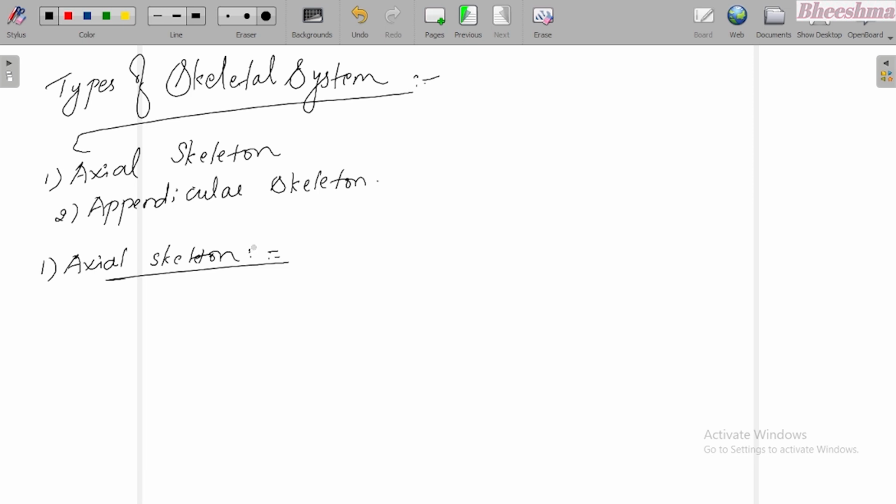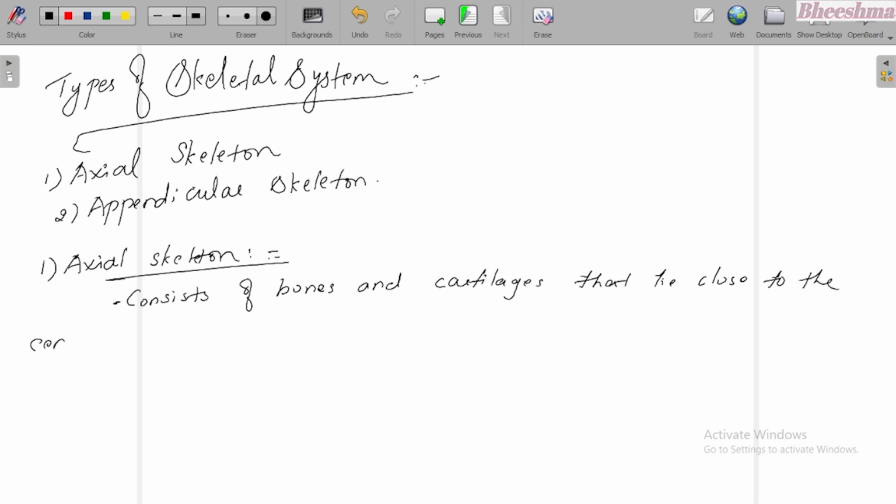Axial skeleton consists of bones and cartilages that lie close to the central axis of the body.